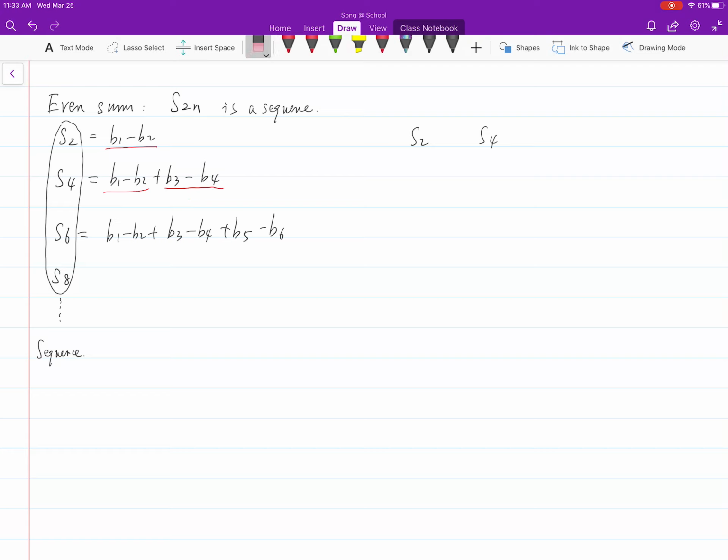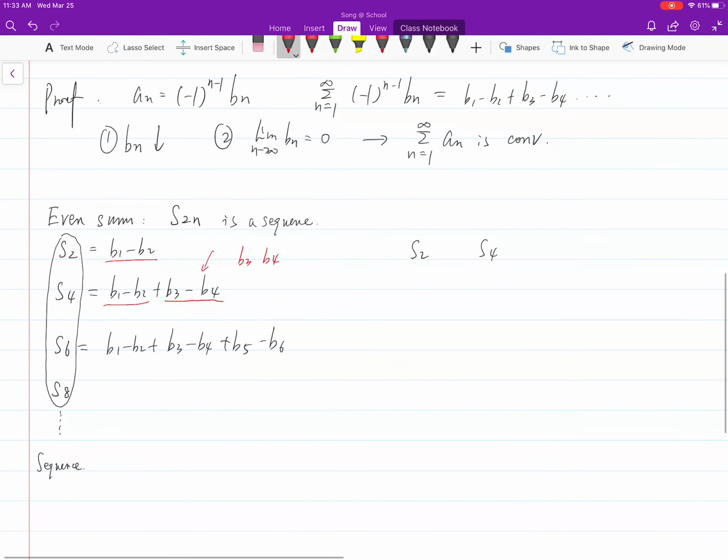If it is negative, then S4 is S2 plus a negative number, which makes it smaller. So do you know if this one is positive or negative? It is a matter of which of b3 and b4 is bigger. Now, recall the fact we just wrote down: bn is decreasing. If it's decreasing, b3 is definitely bigger than b4. That means this term is definitely positive, so S4 is S2 plus a positive number and is definitely bigger than S2.